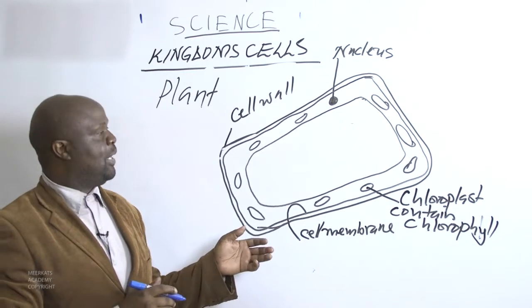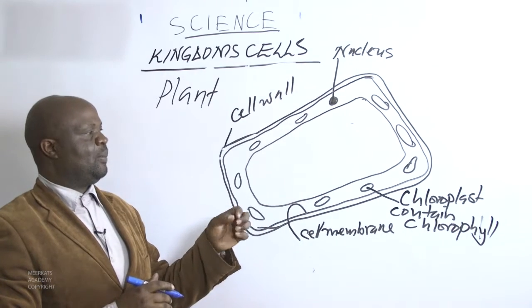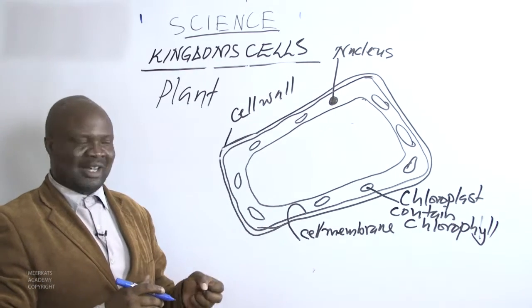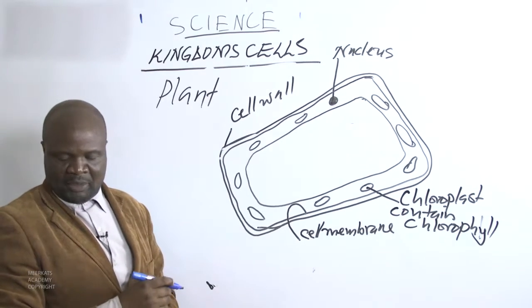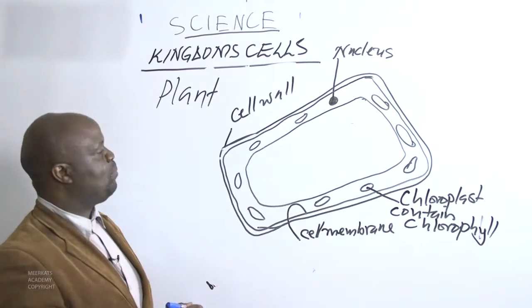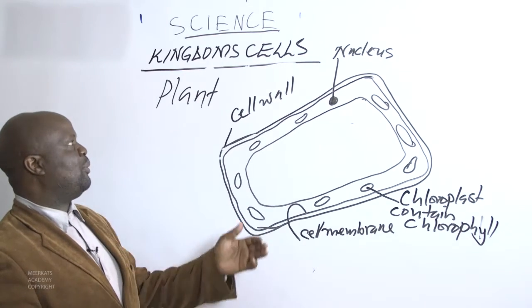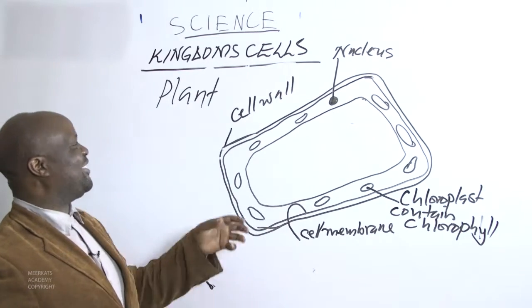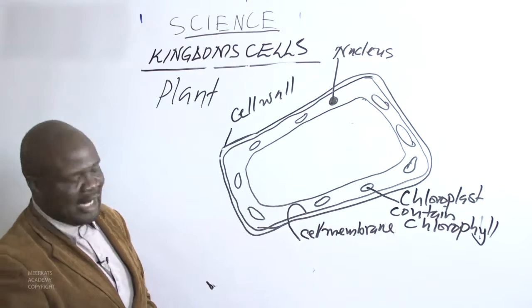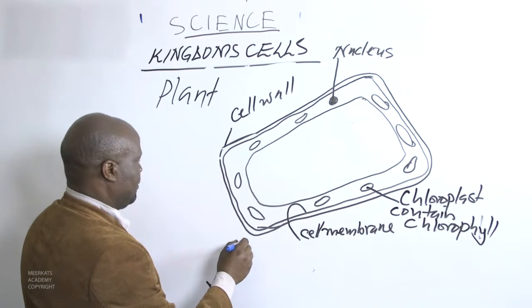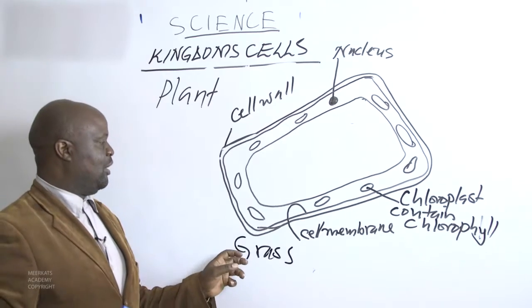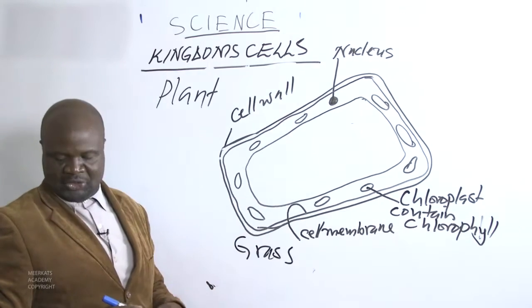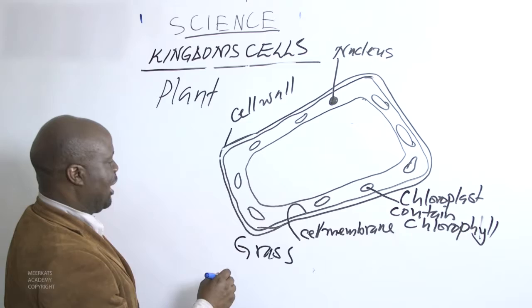They also have chloroplasts, and these help the plant because they have chlorophyll, a green coloring matter that enables the plant to manufacture its food. Examples of plants in the plant kingdom include grass. The cell of a particular grass will take this shape. We also have the gum tree.